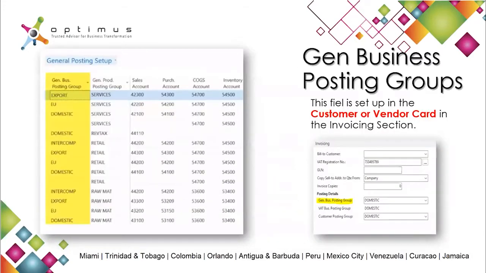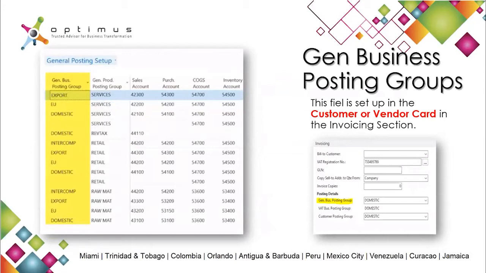The second concept, talking about the same matrix, will be the first concept that I explained before, the general business posting group. When we configure your company, we will provide Excel templates to import or configure your company, or afterwards with this type of webinar, you could clarify your accounting procedures by understanding this.